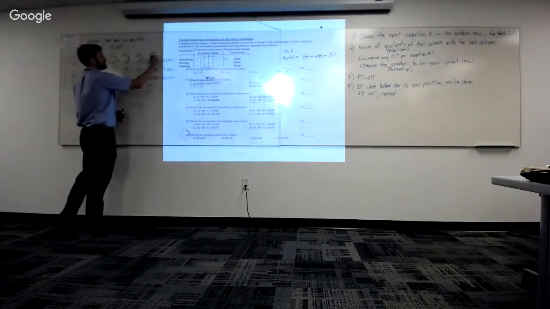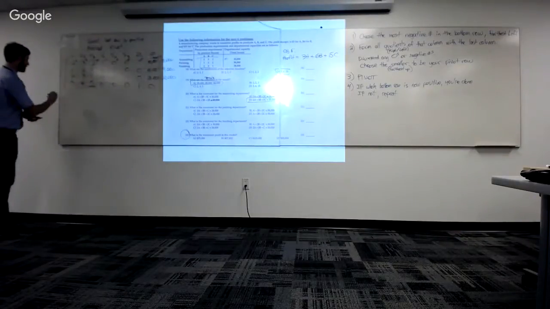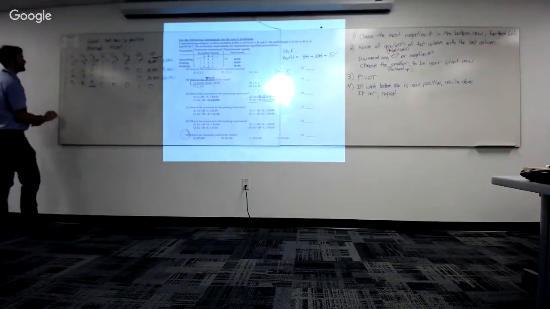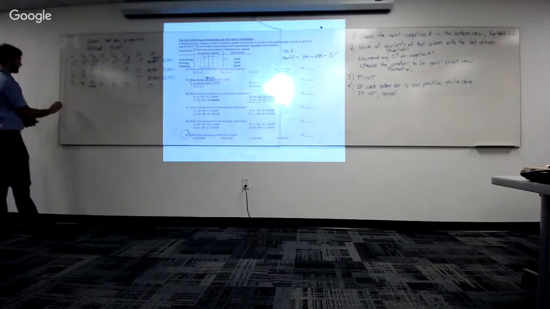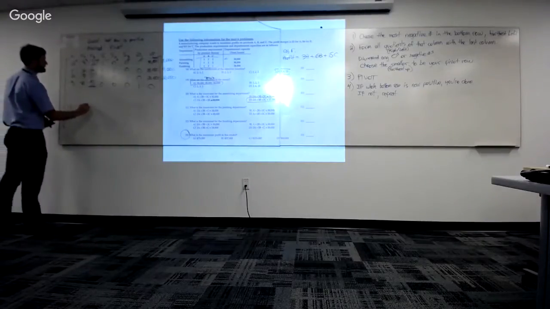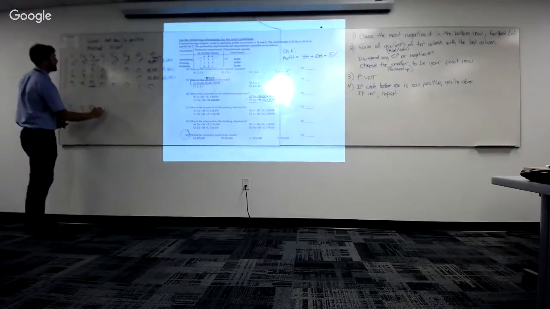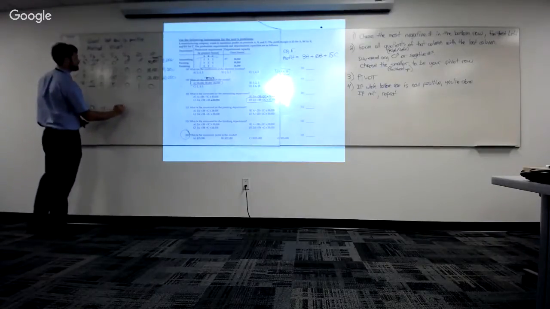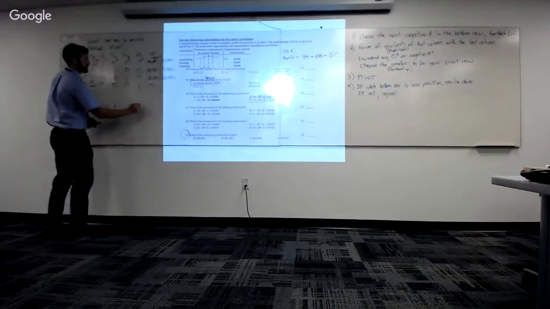And I'm going to go ahead and do my first pivot. I'm going to change my second row now. So negative 2, that's negative 1, negative 1, 0, negative 1, 1, 0, 0, and 8,000.